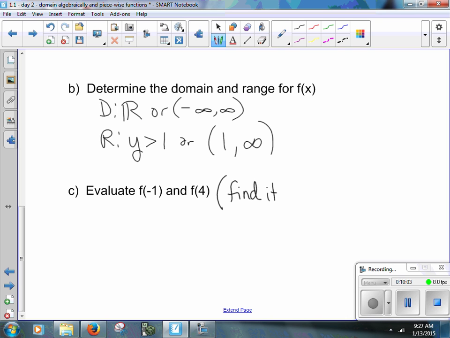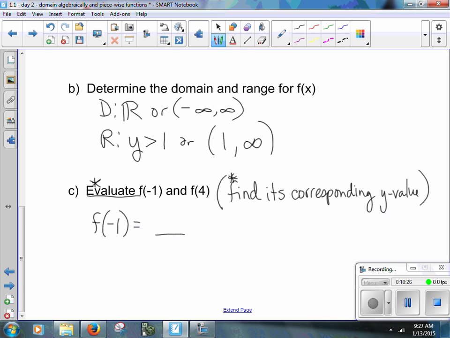Okay. How about -1? Let's evaluate. F of -1. What's that mean, evaluate? All you have to do is find its corresponding y value. Okay? All we're going to do when it says to evaluate, we're going to find its corresponding y value.